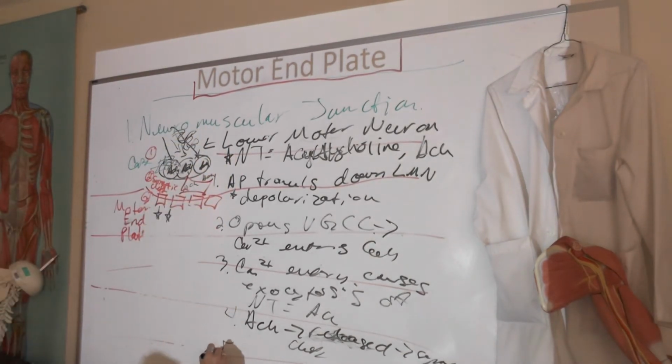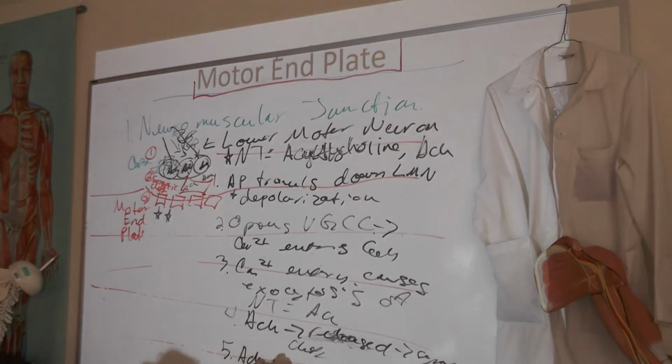So we'll say acetylcholine binds its receptor. And you're like, wait a minute, lady, you just told me that was a ligand-gated cation channel. It was. The ligand is acetylcholine, and the receptor just happens to be a cation channel.